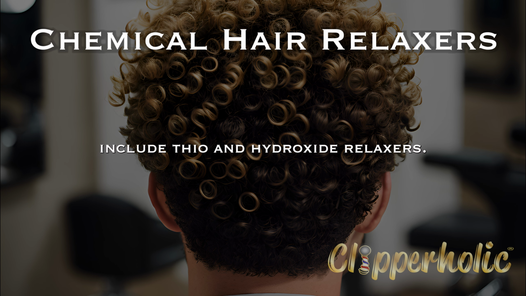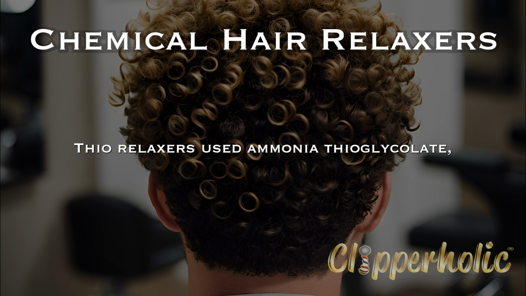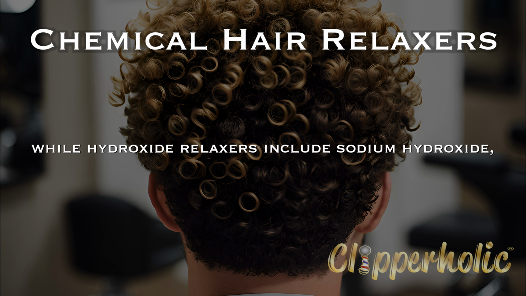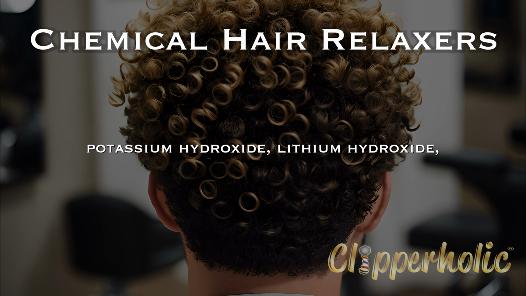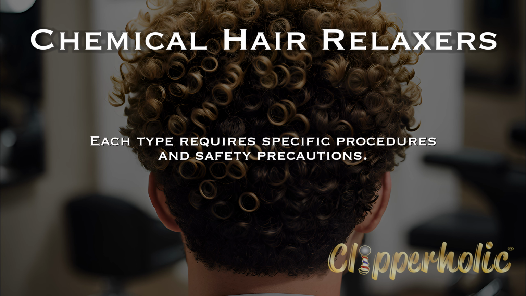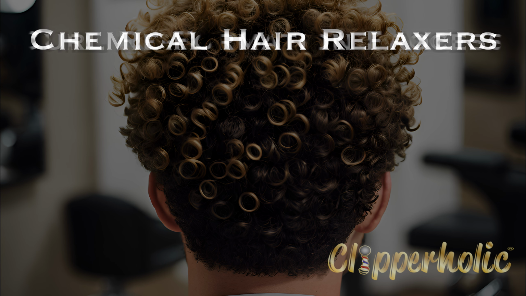Chemical hair relaxers include thiol and hydroxide relaxers. Thiol relaxers use ammonium thioglycolate, while hydroxide relaxers include sodium hydroxide, potassium hydroxide, lithium hydroxide, and guanidine hydroxide. Each type requires specific procedures and safety precautions.